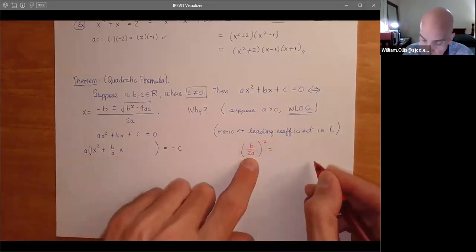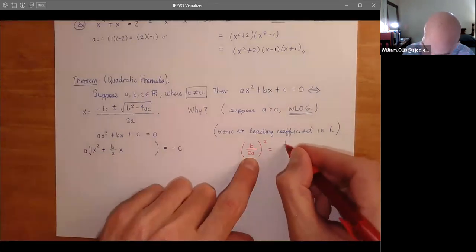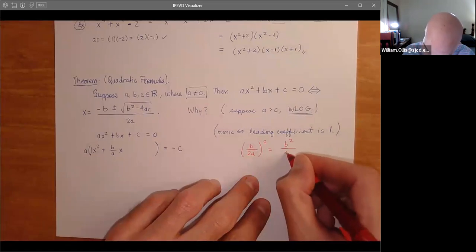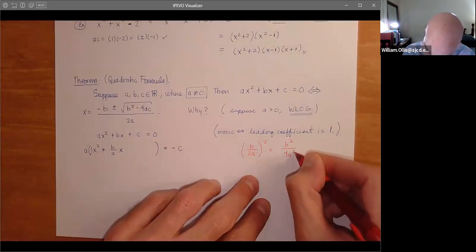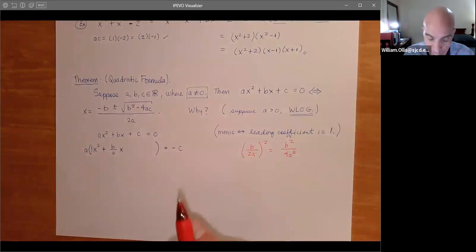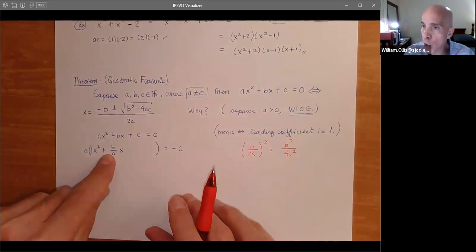So when we square this result, we get B squared divided by 4A squared, just like that. Now, again, this is the technique that we use to complete the square. That is, this number, when added to these two terms, will form a perfect square trinomial.